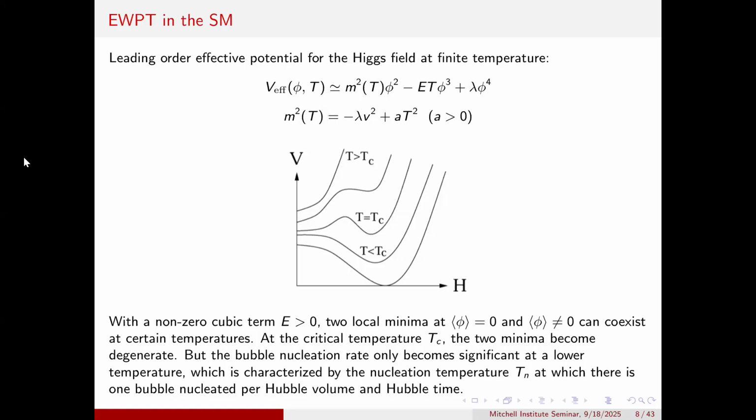As the temperature drops, the cubic term becomes important, and it introduces another minimum at H not equal to 0, with a barrier separating it from H equal to 0. At the critical temperature Tc, these two minima become degenerate. So around this temperature, a first order phase transition could happen.